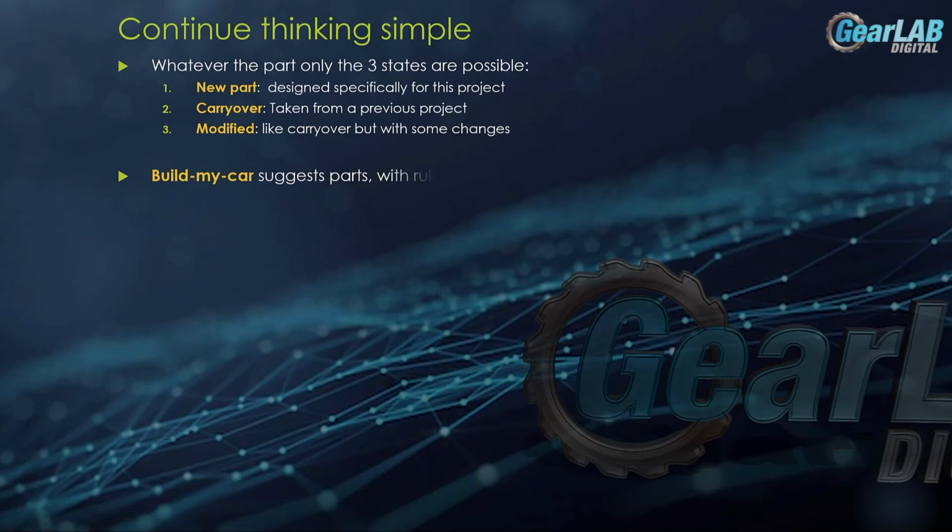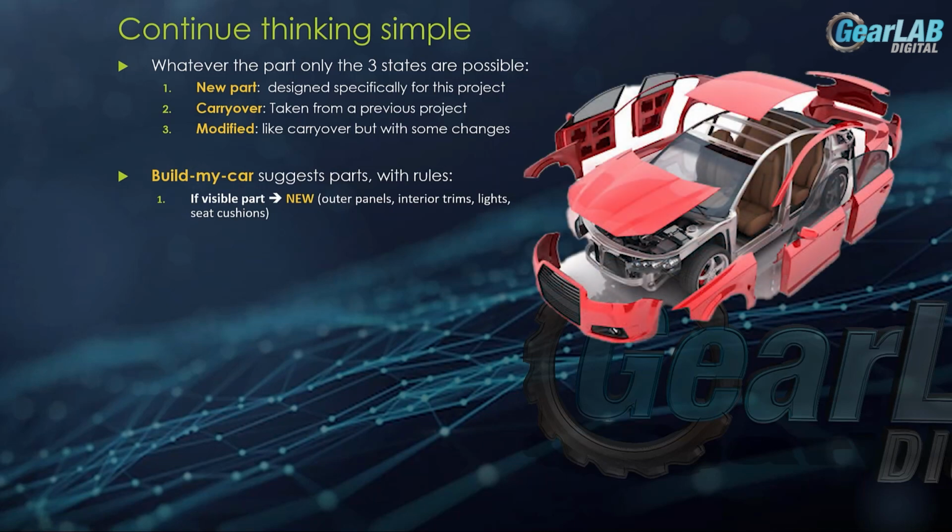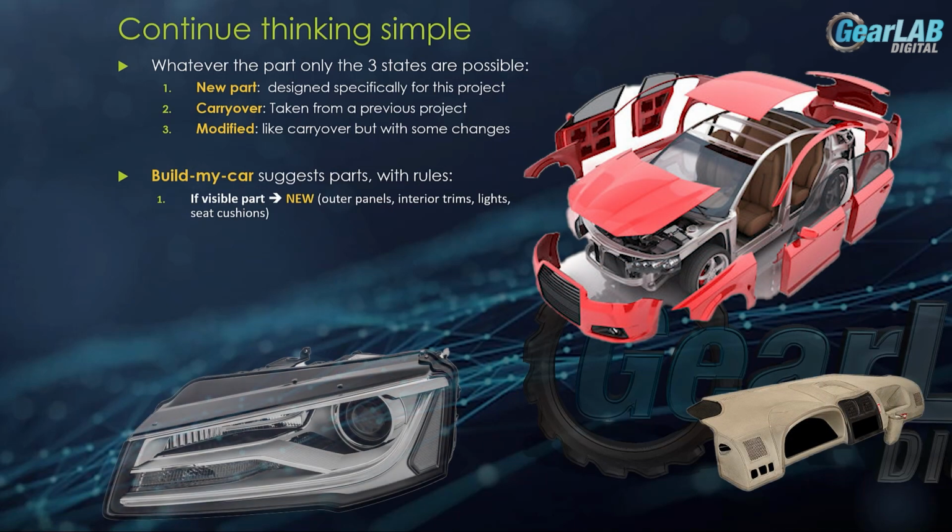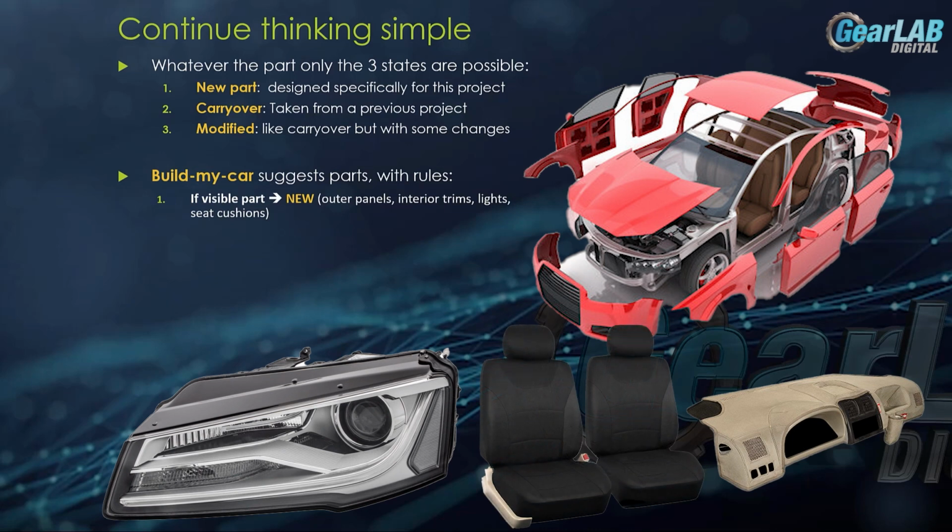Now the Build My Car app will take it in charge and suggest parts in each category, smartly selected in the IQS database, by applying some rules. If a part is visible to final users, so needing styling, like structural outer panels, interior trims, lights, seat cushions, by default, they are all new.